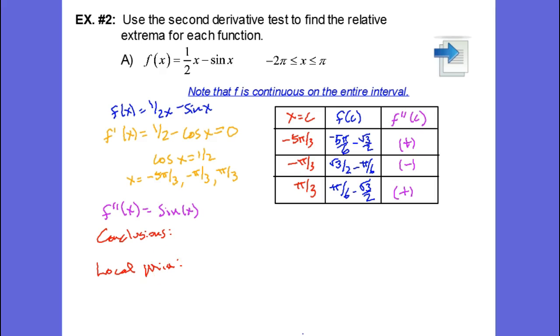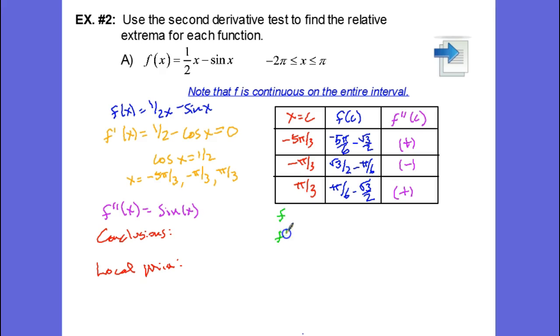All right, now let's remind ourselves quickly of the relationships among f, f prime, and f double prime. So I'm just going to write it up here. That's not enough room. All right, let's try this.